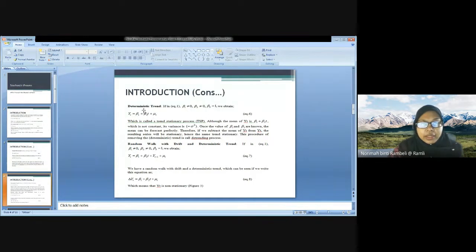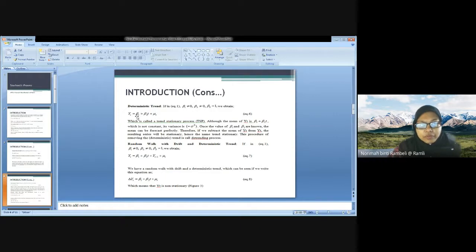Okay. In equation 6, you can see that yt equal to beta 1 plus beta 2 t plus mu t. In this case, you have drift and also intercept. Why?